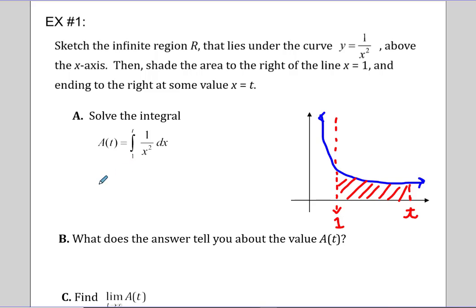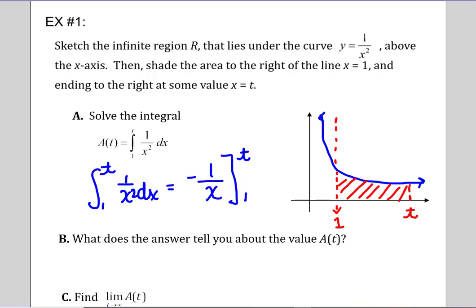If we rewrite this, we can take the integral from 1 to t of 1 over x squared with respect to x, and that's going to produce negative 1 over x from 1 to t. If we evaluate the lower bound and upper bound, we get negative 1 over t minus negative 1.